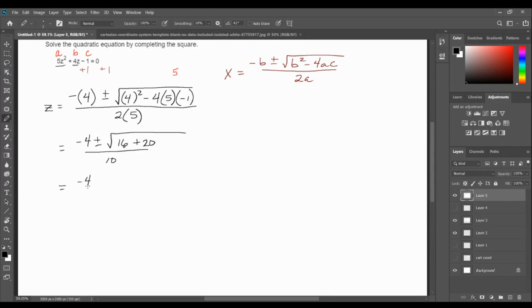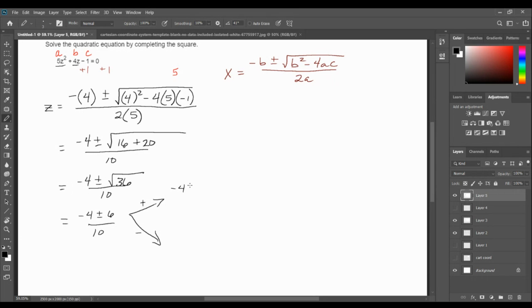So this is -4 plus or minus the square root of 36 over 10. So that square root of 36 is 6. So we've got two options from that. We've got the plus option and the minus here in the middle.